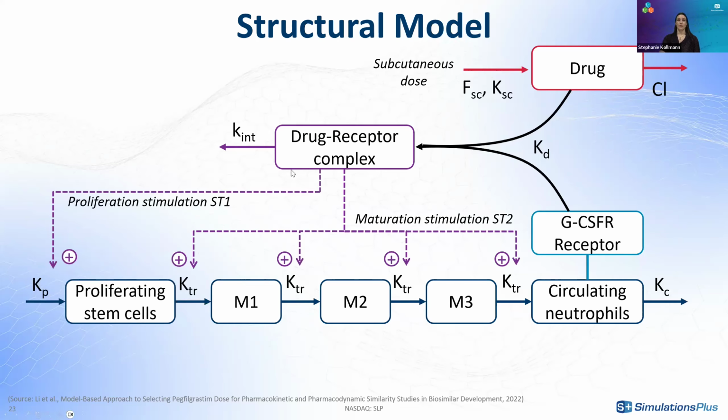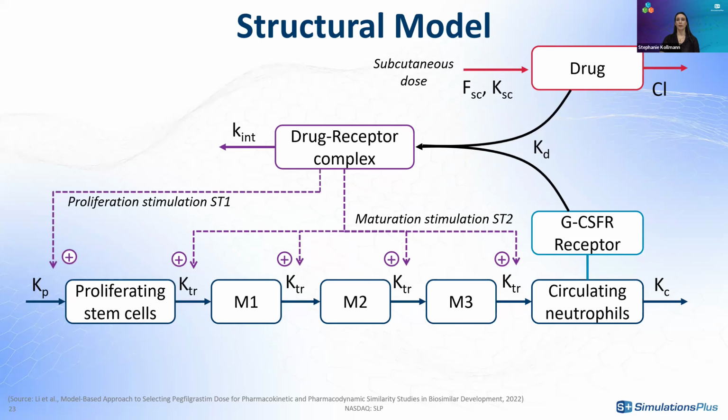The fraction of receptor which is bound to the drug is assumed to feed back into the PD part of the model by increasing either the proliferation or maturation of the neutrophils. So there is thus an interplay between the PK and the PD.